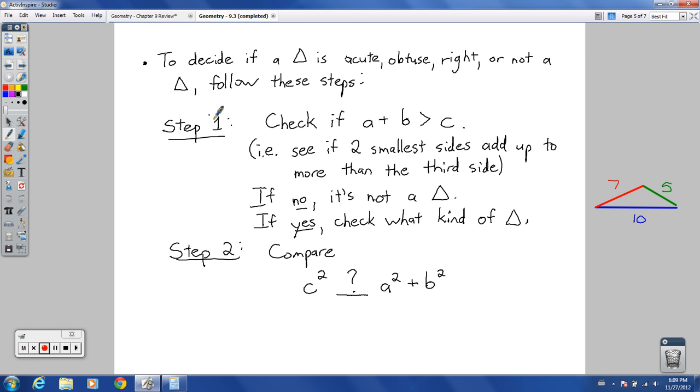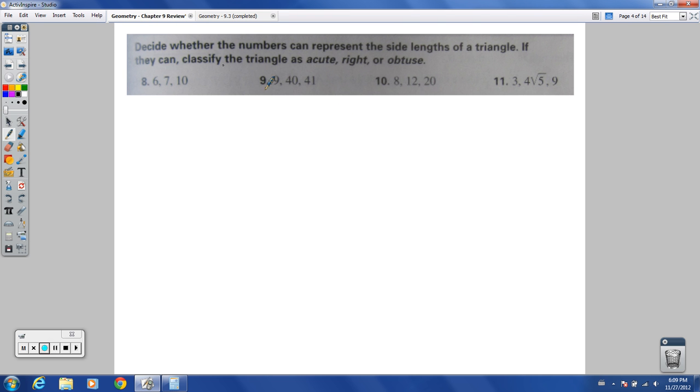Step 1, we're supposed to check if A plus B is greater than C. We need to see that the 2 smallest sides added together actually is more than the third side. If it's not that way, we don't even have a triangle to start out. So I feel like we should check that here, so let's do that and see if it works. So that is what we need to check. We need to decide whether they can represent the side lengths of a triangle.